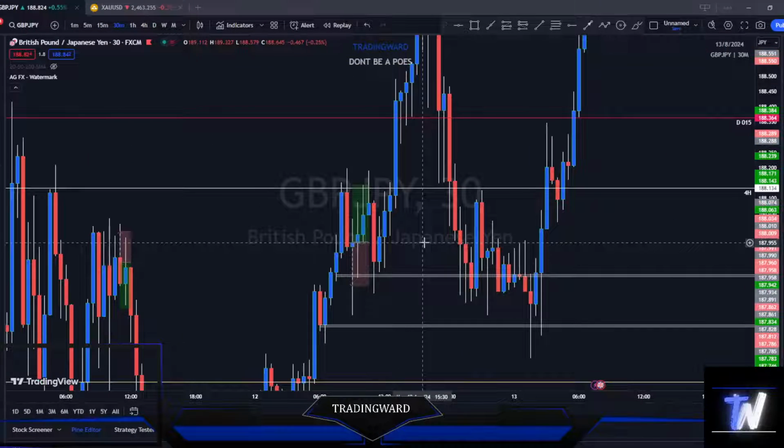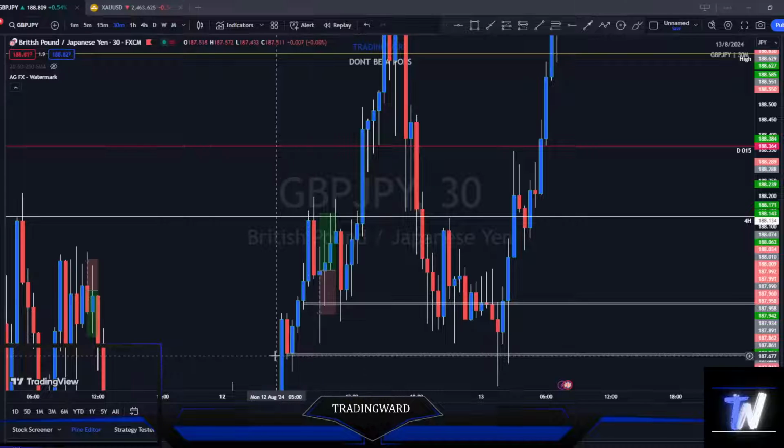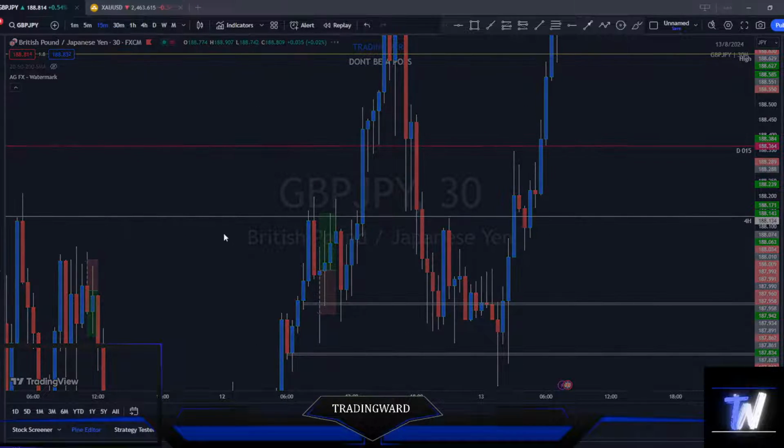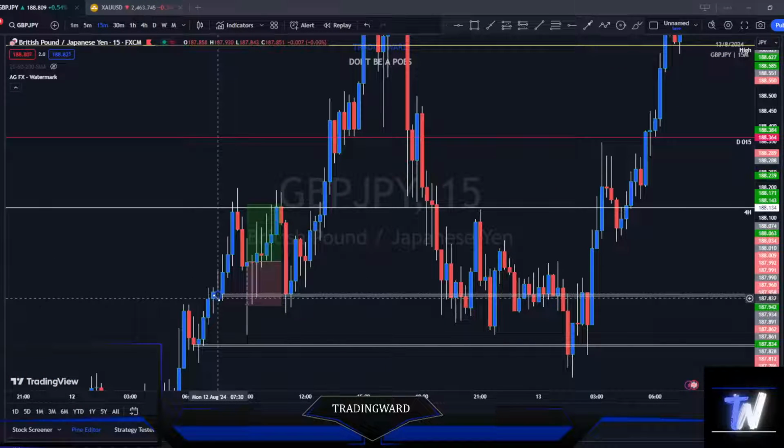You can see over here was a 30 support, and you can see it over here as well, right? So I drew out the 30-minute support here, and I drew out the 15 here. So it's 15 and 15, but this is also the 30.